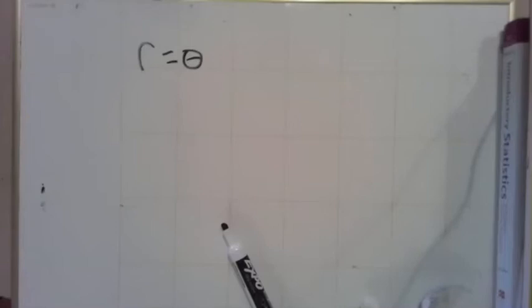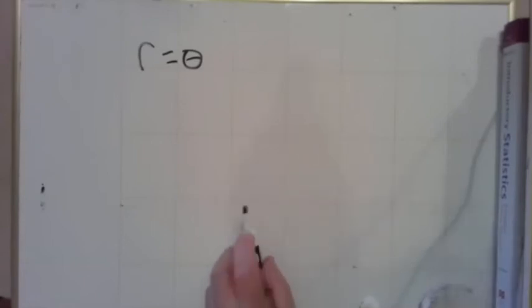Now, because of our window here, your calculator only graphed a little piece of it, but you can see what we were getting here. So let's zoom in a little bit. It's a spiral. And this actually does keep going on, but our window only has us going from 0 to 2 pi.